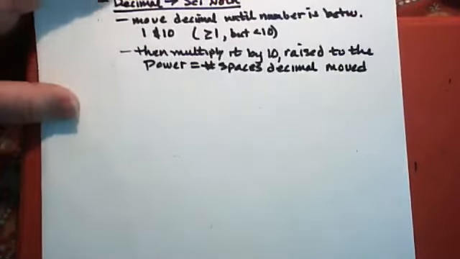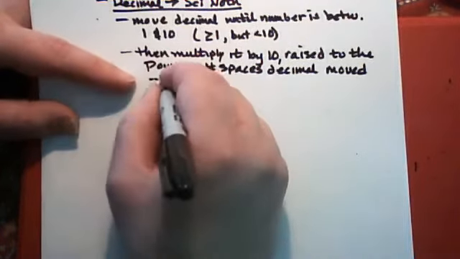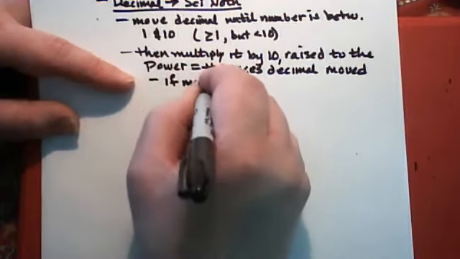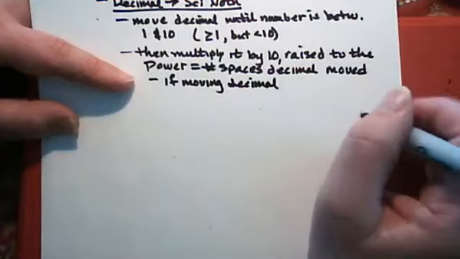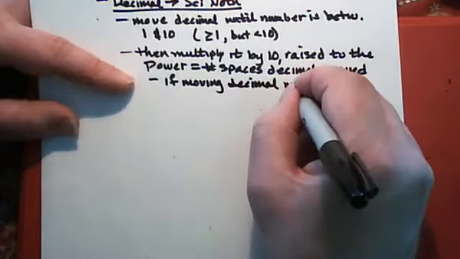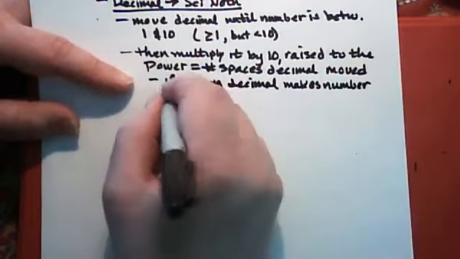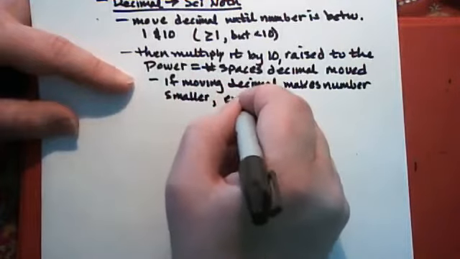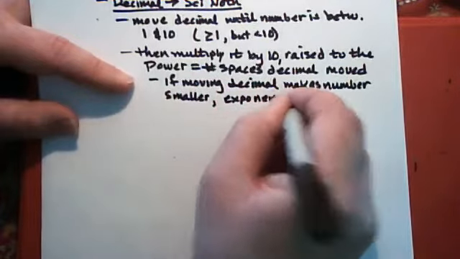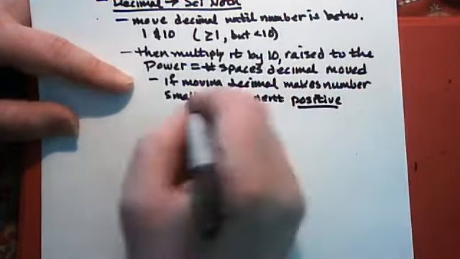So if you move the decimal 3 times, that means that you have to use 3 as the exponent. Now, if moving the decimal makes the number smaller, then the exponent would be positive.